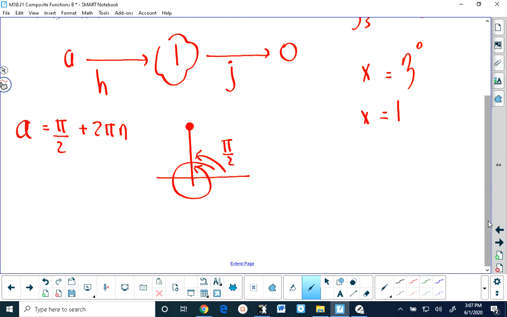And if I take away 2 pi from pi over 2, I still end up at the top. So this is our answer. And I'm sorry, you thought maybe you were done with logarithms and trigonometry. We're not done the course yet, so you're still expected to understand some basics of them.